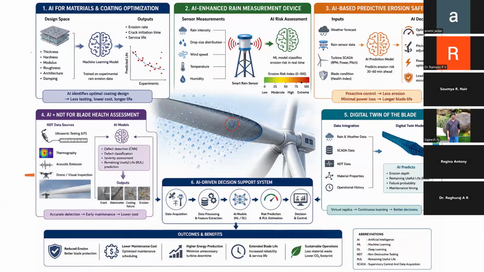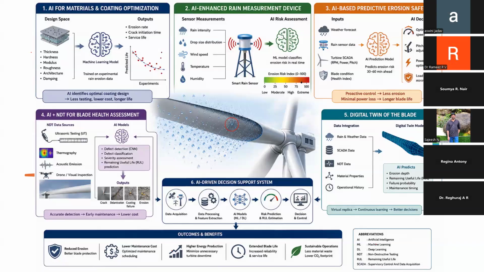Those NDT techniques are right now incorporating AI also. So you have X number of inputs and one or two outputs, you can optimize them and finally say, okay, with this input, this is the maximum property or the best result that we are going to get. So AI in material science is a possibility.